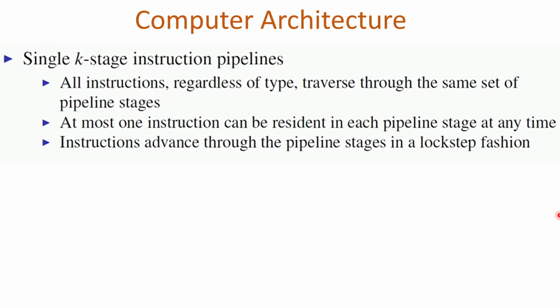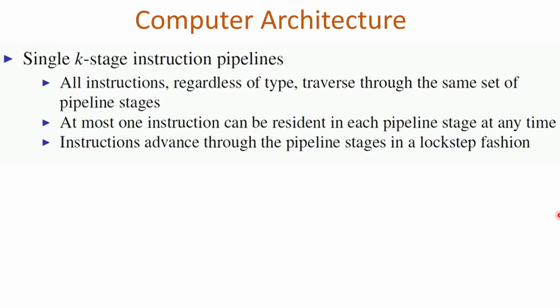And then the third point is that the instructions advance through the pipeline stages in a lockstep fashion. You know what lockstep fashion means? Each and every instruction is executed in the pipeline one by one in different stages.